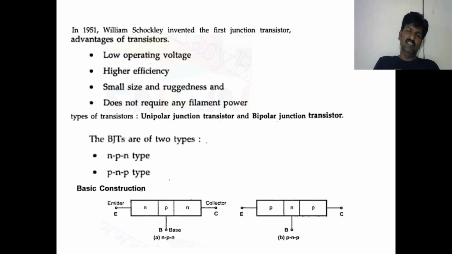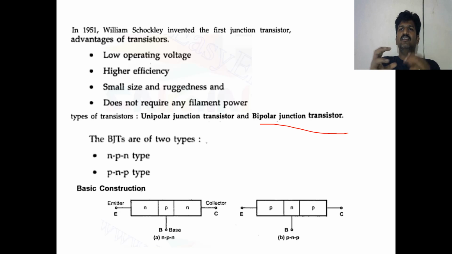The bipolar junction transistor is the other type. In a bipolar junction transistor, the current is passed through the device due to the movement of majority carriers as well as minority carriers.